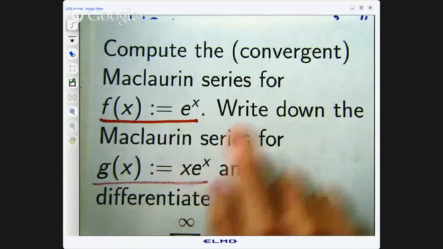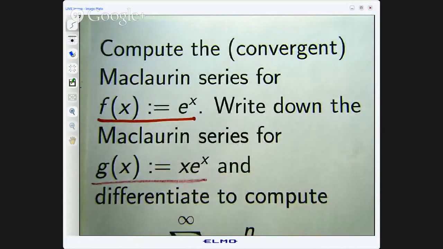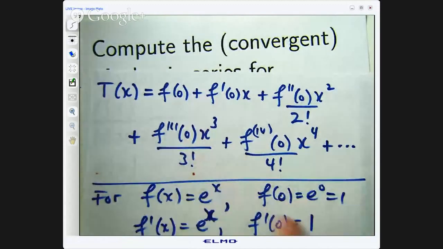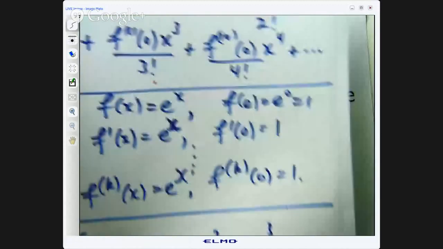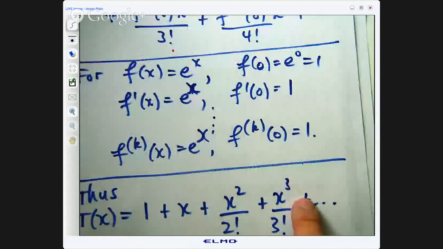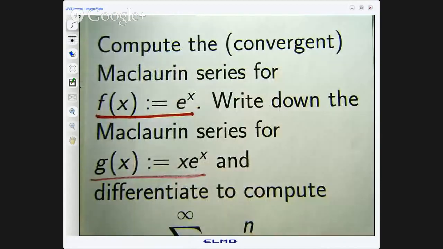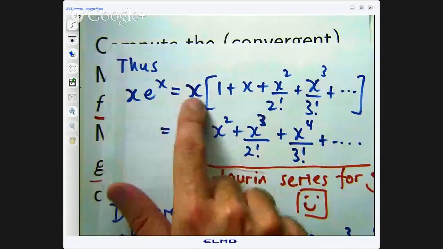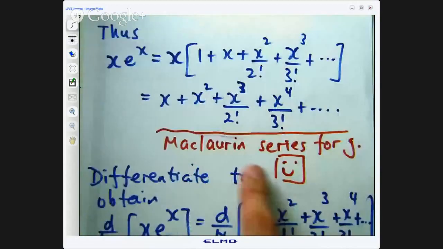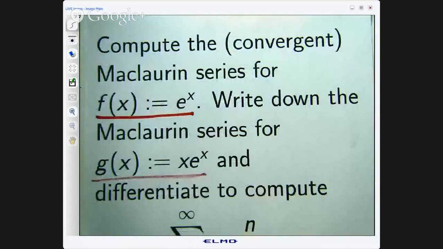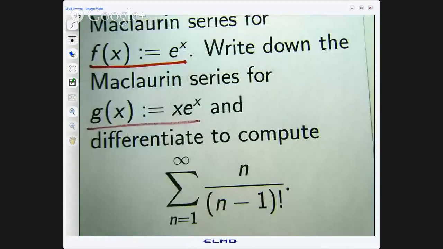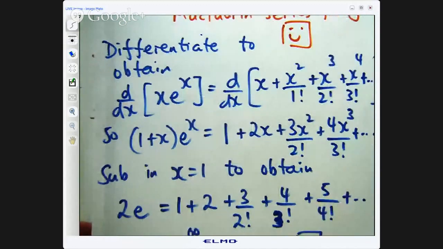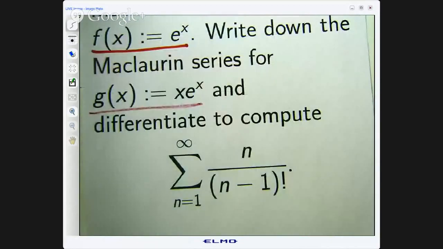From that series, which we computed pretty easily, there's the expression for the Maclaurin series. We wrote it down. We were told that it converged, and it converges for all x. Then we took our series and got a Maclaurin series for this function just by multiplying through. And then we differentiated, as was the hint, and we differentiated both sides and plugged in x equals 1 to obtain an exact value for a series.